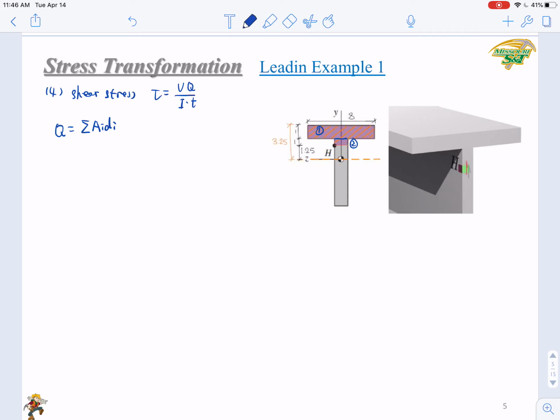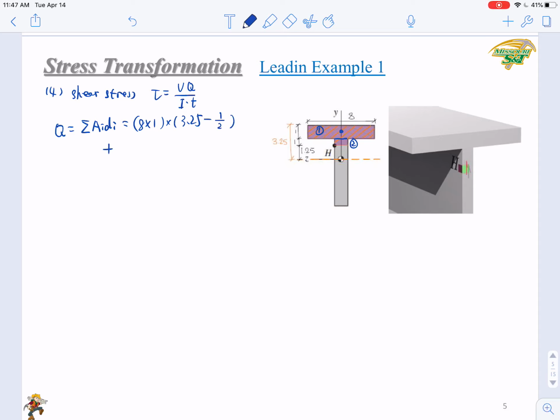Right? For sub-area 1, its A obviously is 1 times 8, and the d value will be from the centroid to the local centroid. So that is y bar minus half of the thickness of area 1. That is 3.25, the y bar, minus 1 over 2.